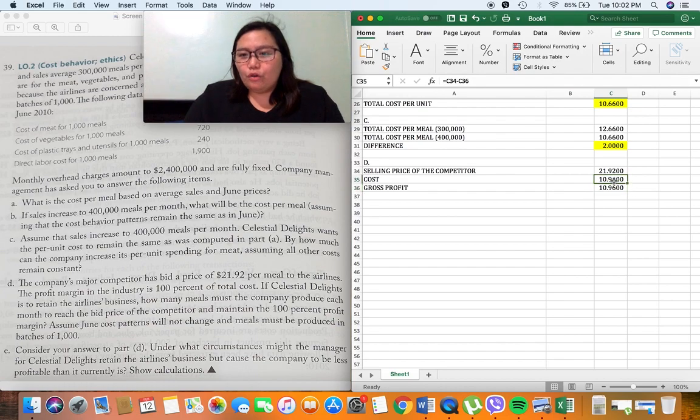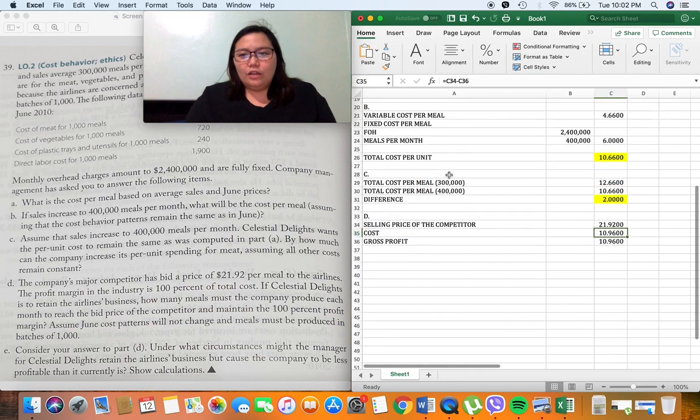So, to be able to compete with the other company and retain our profit margin, our cost should be at 10.96. Okay? Sige. So, ano gagawin natin ngayon?